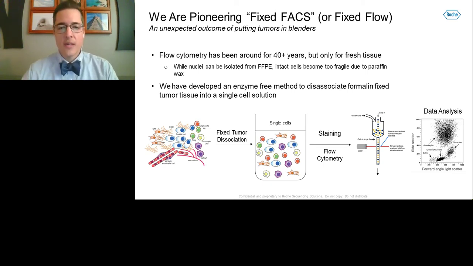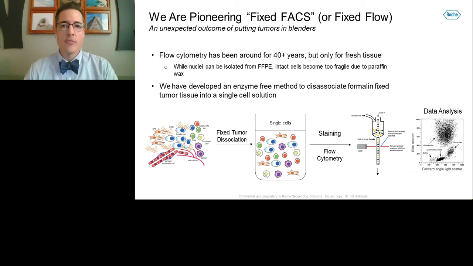One important thing I think is of note is that, around 40 years ago, in the 80s, there were some papers where people disassociated tumors from formalin-fixed paraffin-embedded samples in isolated nuclei, which we have also done.